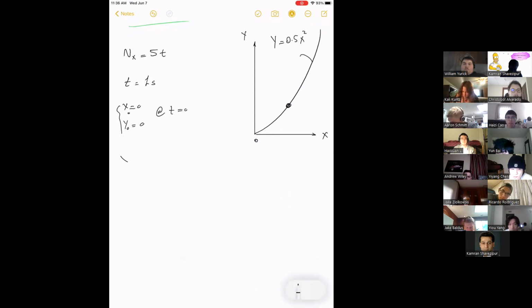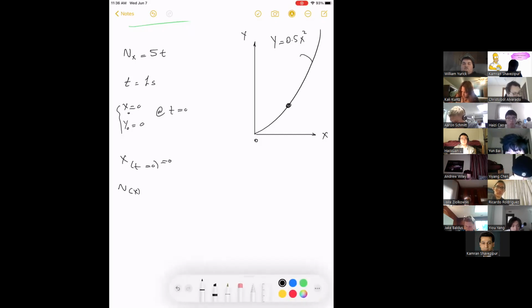We know that X at t equals 0 is 0, right? And Vx as a function of time is 5t.